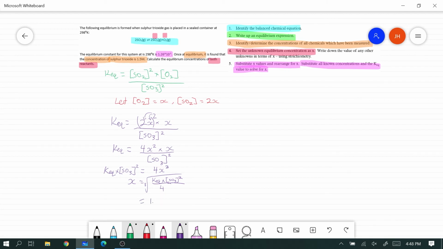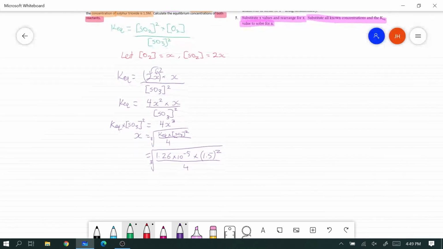So we can put 1.26 times 10 to the negative 5, multiply that by our concentration, which is 1.5, remembering that we also need to square that value. Divide all of it by 4 and take the cube root. So once that goes into your calculator, you should get the answer 0.0192 or thereabouts.